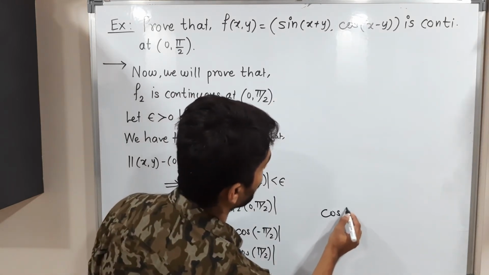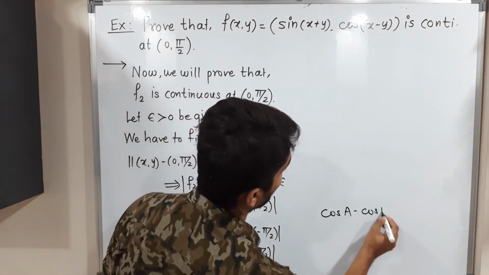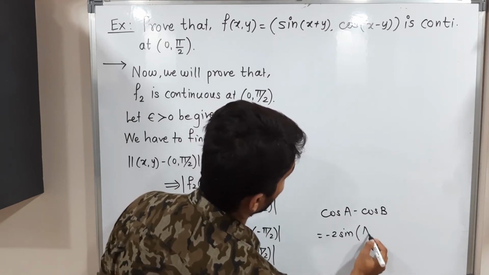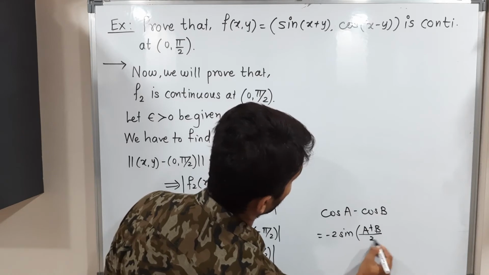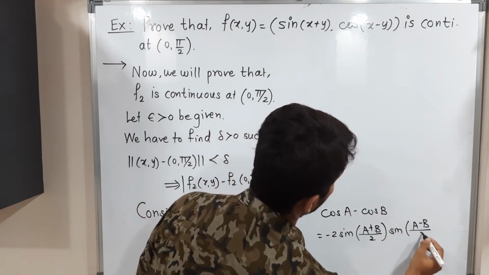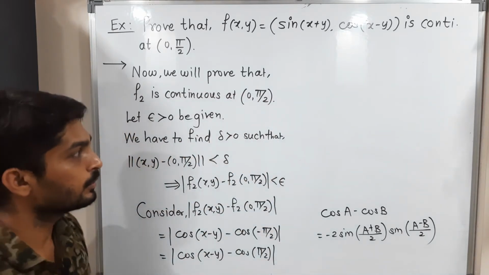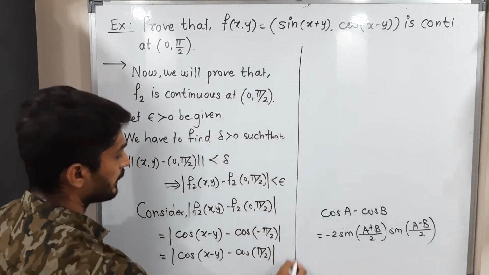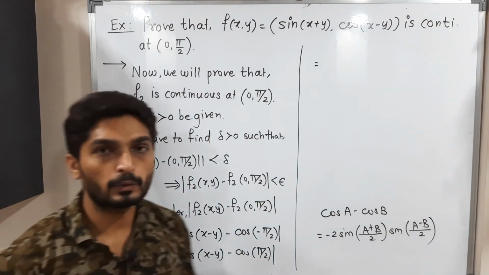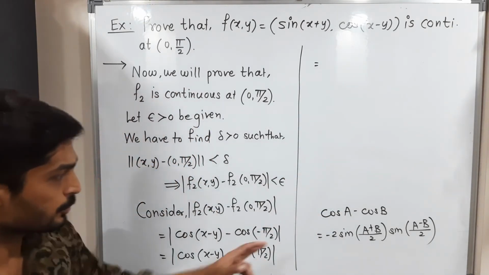If you know this formula, cos A minus cos B. Do you know this formula? This is minus 2 sine of (A plus B) by 2 and sine of (A minus B) by 2. So this formula we have to use here. Tell me, what can I write? So this is equal to, this is our A and pi by 2 is our B, correct? So let us use the formula.